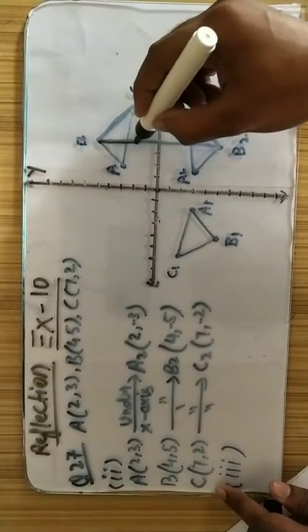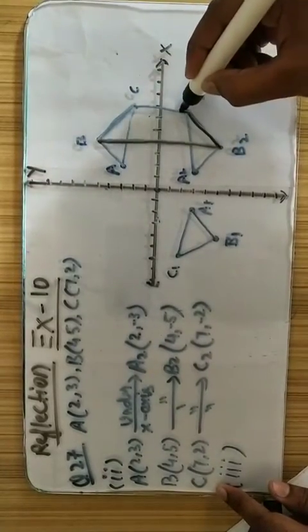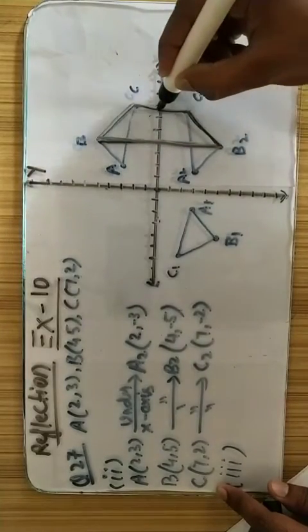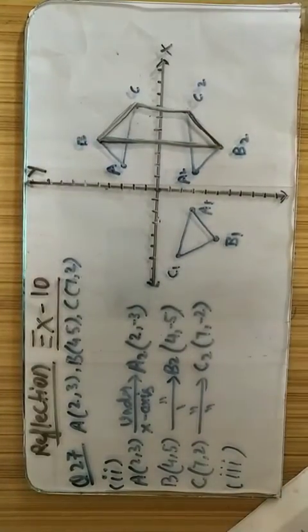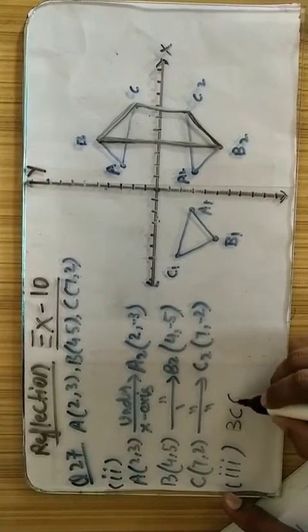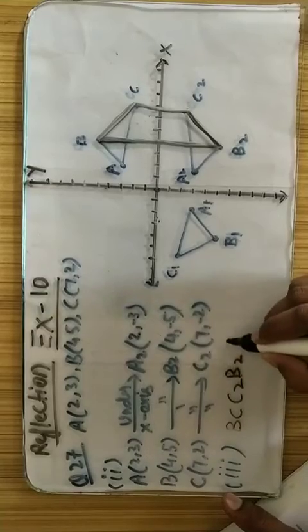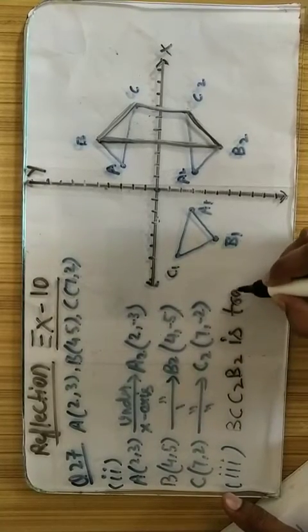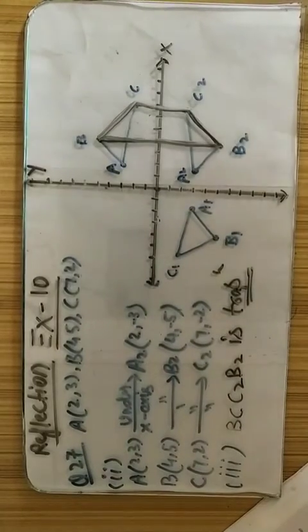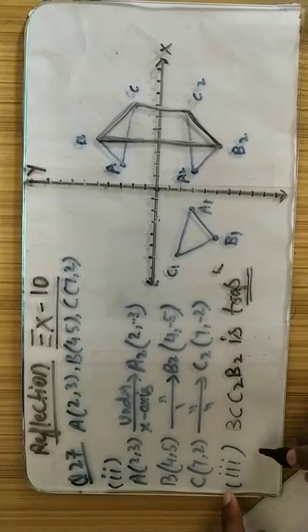Can anybody tell me what is the name of this figure? It is clearly a trapezium, right? So here we can write down BC C2 B2 is a trapezium.